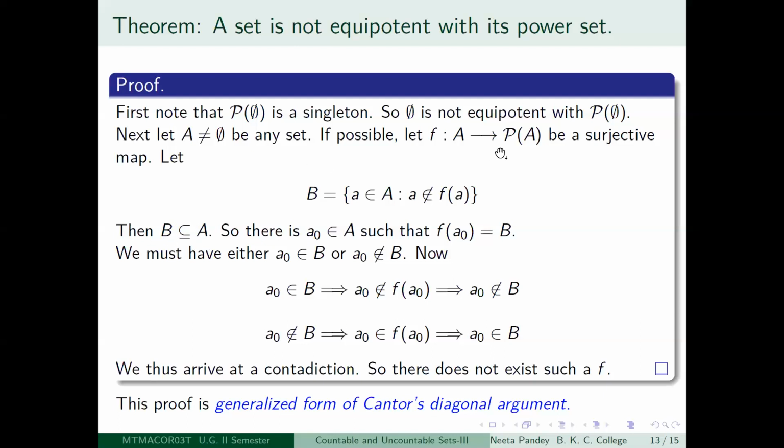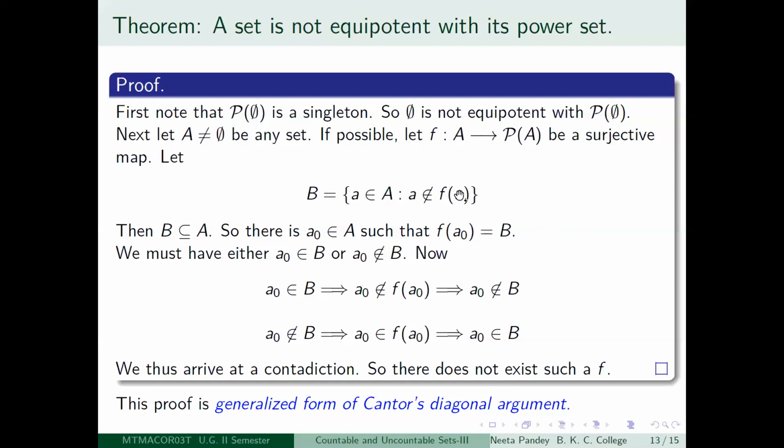So since B is a subset of A, B is an element of the power set of A, and F is a surjective mapping. So the pre-image of B under the map F should not be empty. So I should be able to get, and I will get, an element of capital A, which we denote by a0, so that F(a0) is equal to B. Okay. So I will get such an a0.